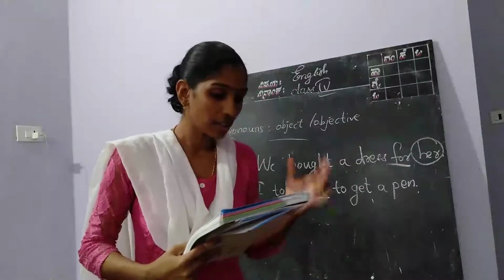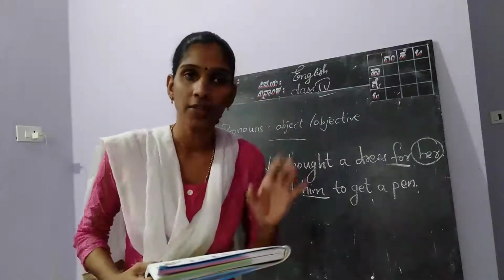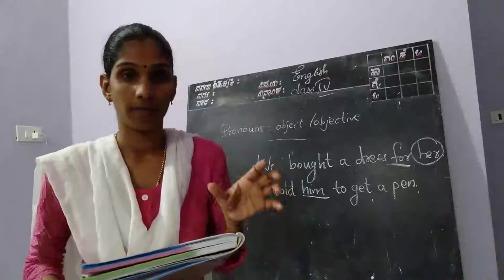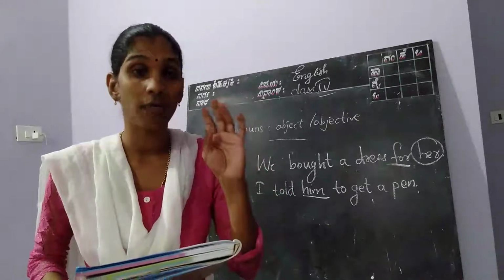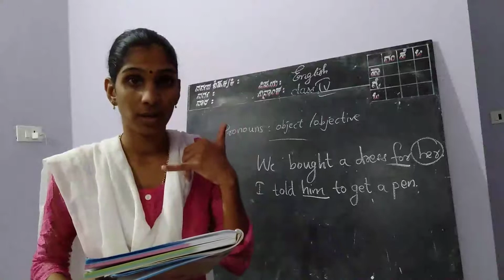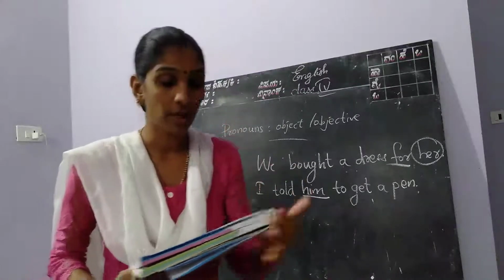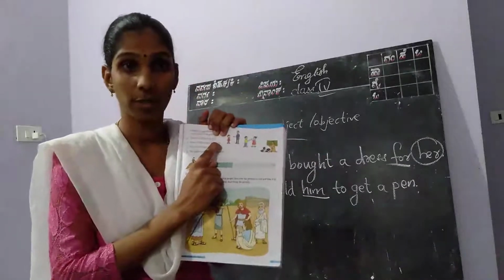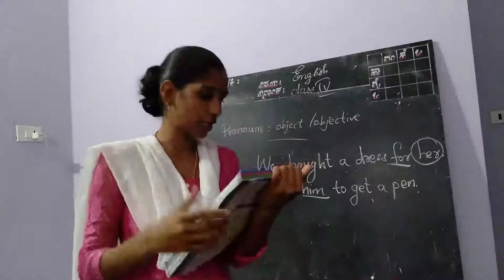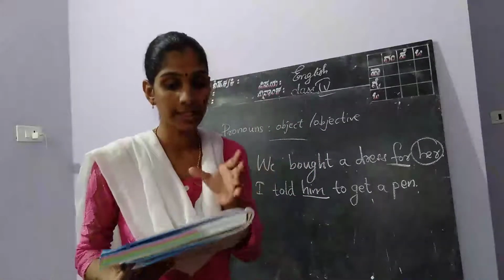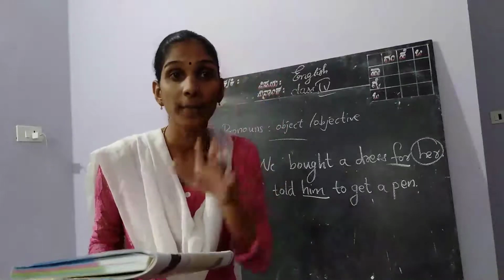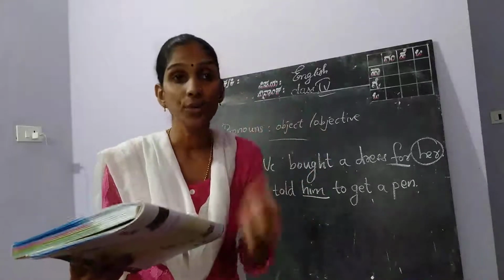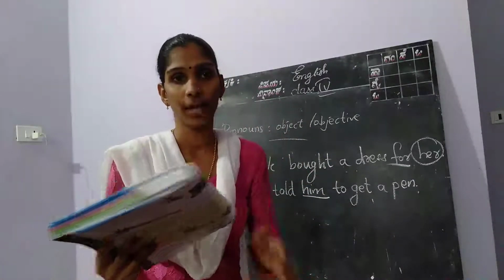Okay, next one. Where is Maya? Did you call her? Her is an objective pronoun and call is a verb, an action word. After the word call, her is written. Next, I told you to come early. Told is an action word and you is an objective pronoun written after told.